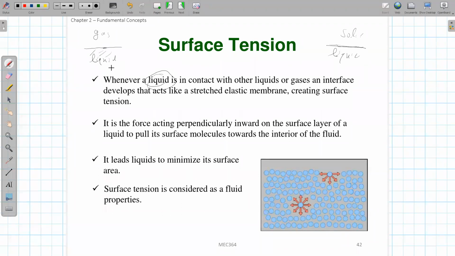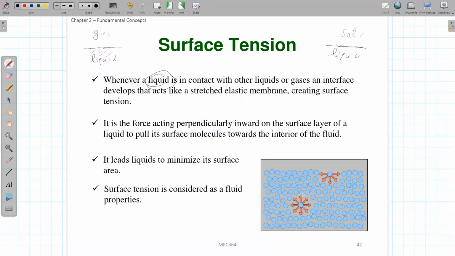And the second thing is, where is this force coming from? Why does this force come about? So take a look at this picture. Think of this as liquid, and these blue particles are the molecules of this liquid. Between these molecules, they have attraction force between each other.